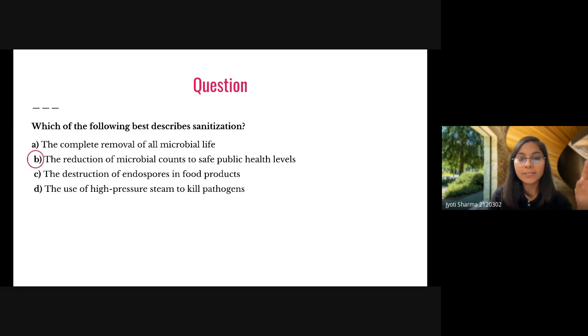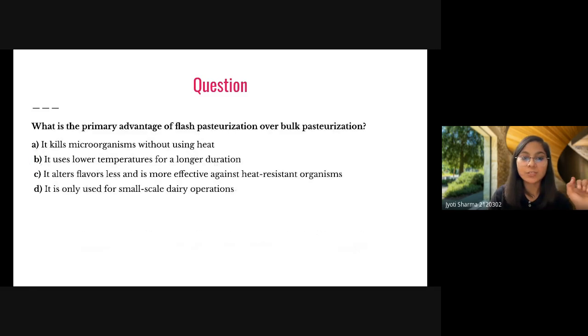What can best describe sanitization is that we reduce the microbial count to a safe public health level. Then there is a difference between flash pasteurization and bulk pasteurization, because in flash pasteurization we give a high temperature but for a shorter period, but for bulk pasteurization we give a lower temperature but for a longer period, and that's how you can differentiate these two.